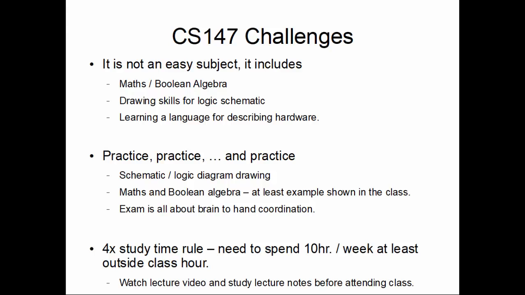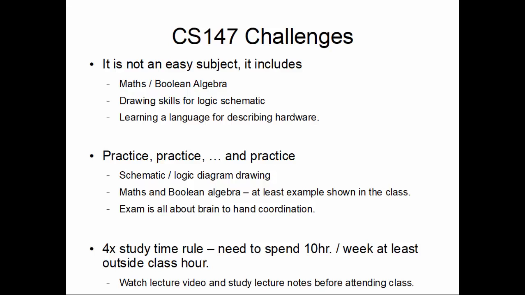I have a simple study time rule. It's a 4x study time rule, which means the amount of time you are spending within the class time, multiply that time by 4, and that's the amount of time you need to spend outside the class time. For example, our class meets for 2.5 hours per week, right?